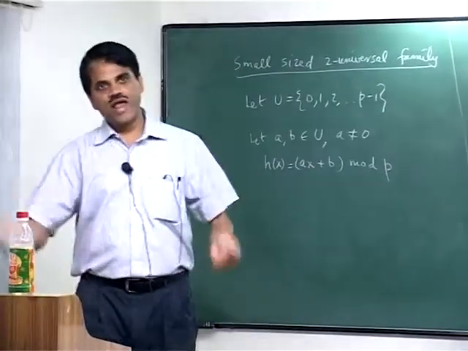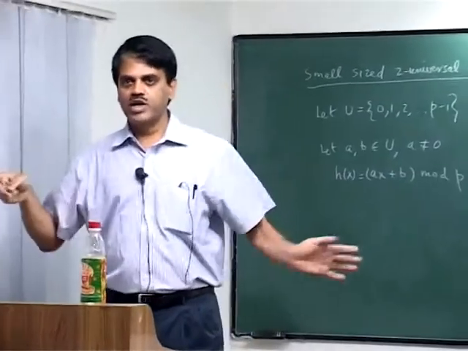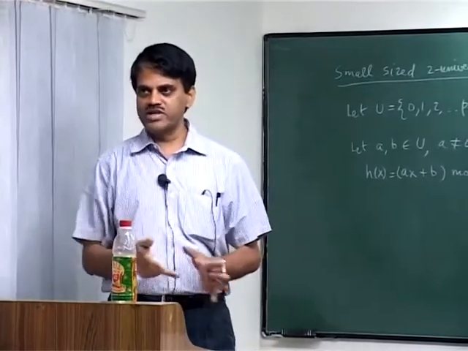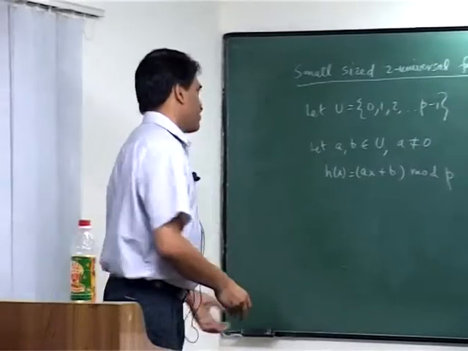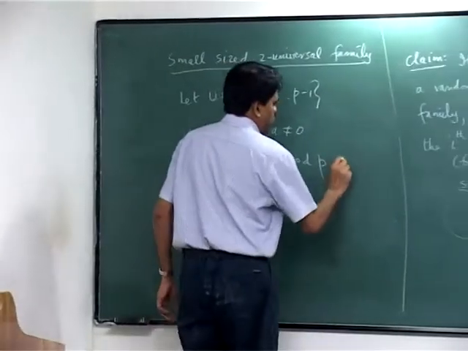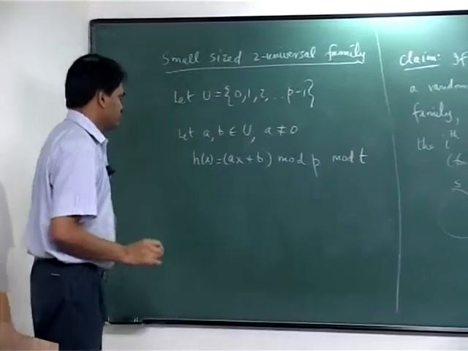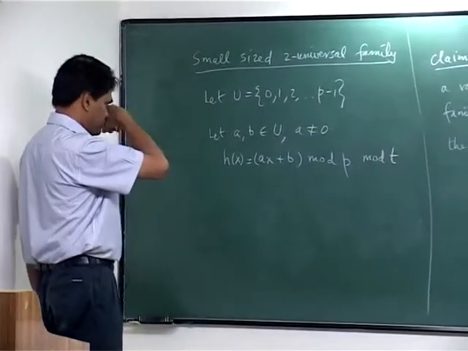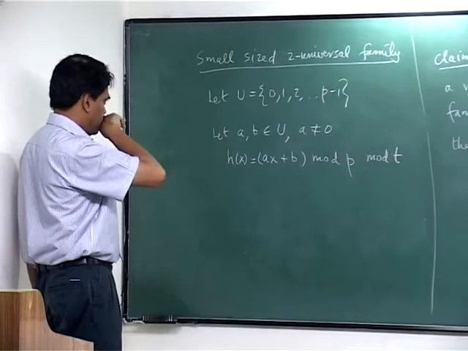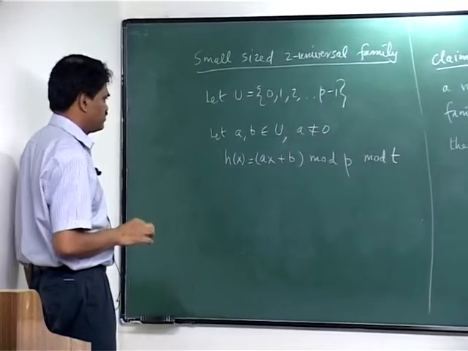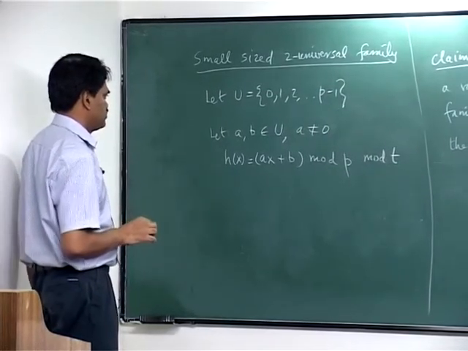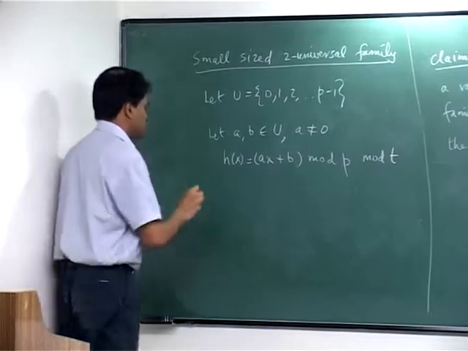I pick a random a, random b, take my x and do ax plus b. It's like a random permutation. Now do a mod t. So let's call this h_ab.